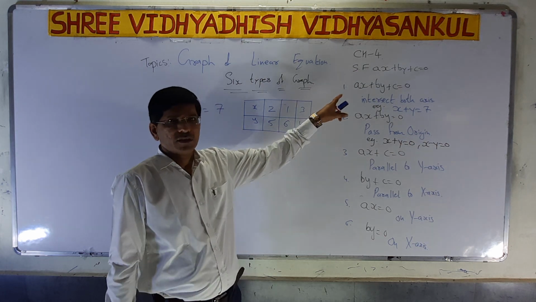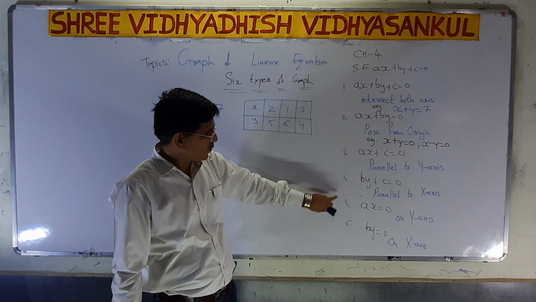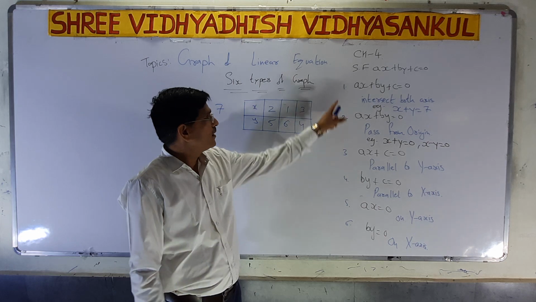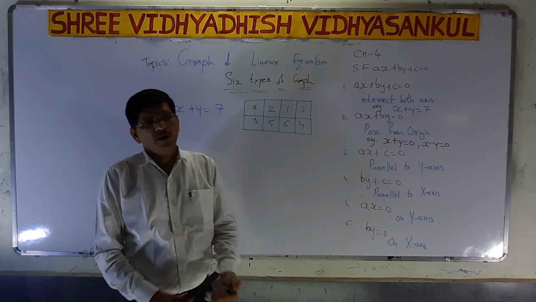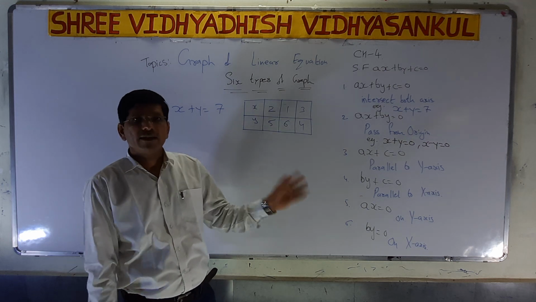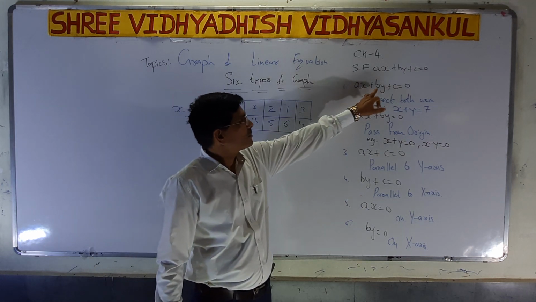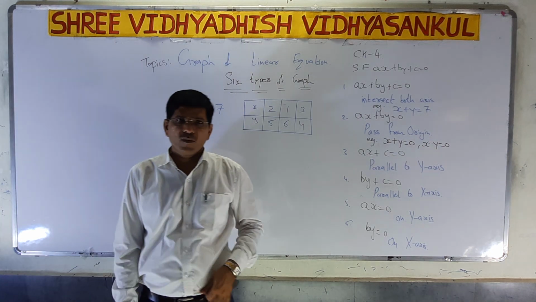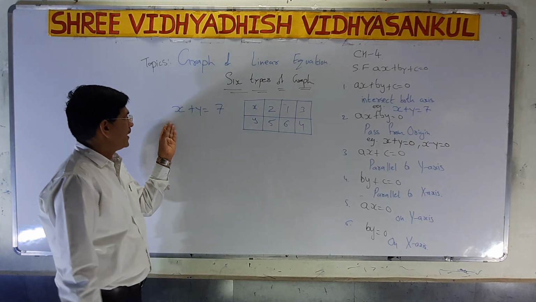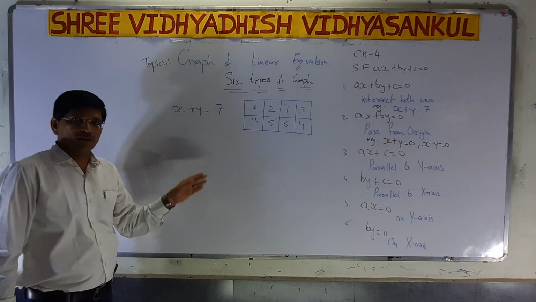So today we want to discuss the 3rd, 4th, 5th and 6th types of graph. But in the last lecture we saw the 2 types of graph, so again we repeat or revise them. ax plus by plus c. It means a, b and c are given in the question. Or I am writing an example, x plus y is equal to 7.